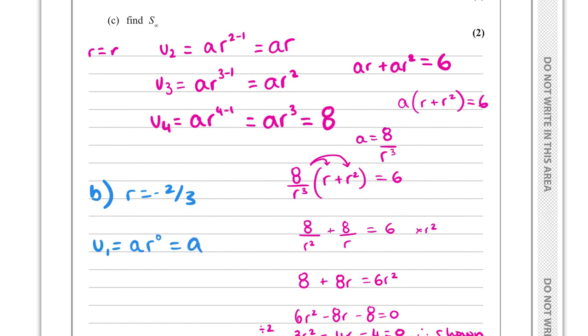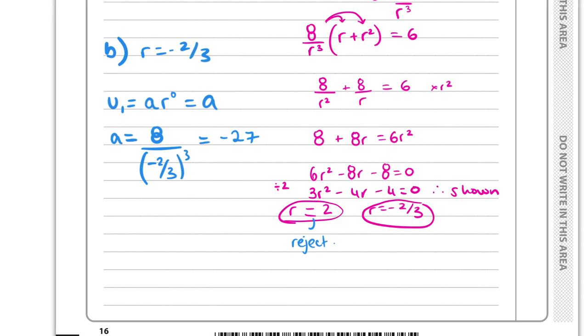So we can substitute this back into a equals 8 over r cubed. So it's 8 over minus 2 over 3 cubed, and then I get minus 27. Okay, so my a is minus 27. And then part C says find the sum to infinity. Now, the sum to infinity is the formula.